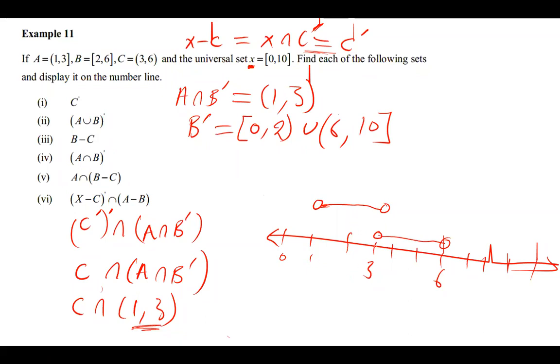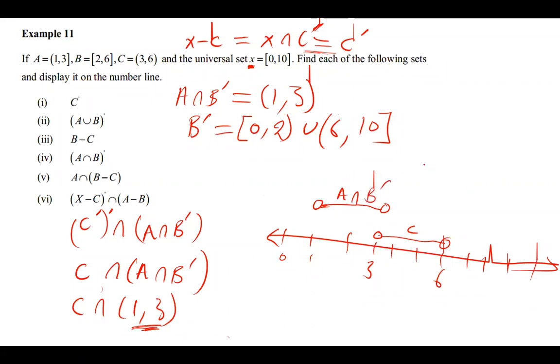We know that the common element would have been 3, but 3 is not part of set C, which is from 3 to 6. 3 is also not part of this set. Yeah, it's open at 3, meaning it's not part of A intersection B complement. So this is our A intersection B complement.